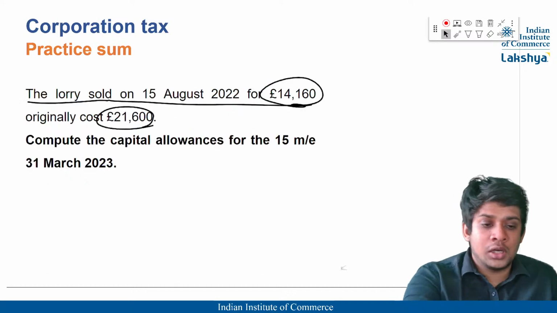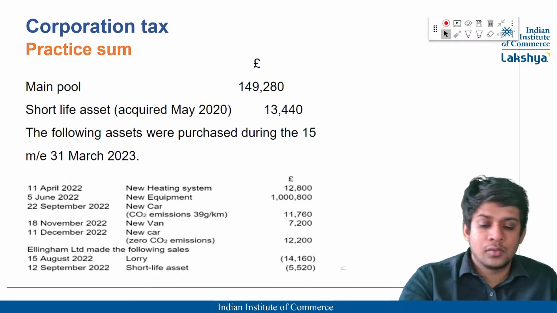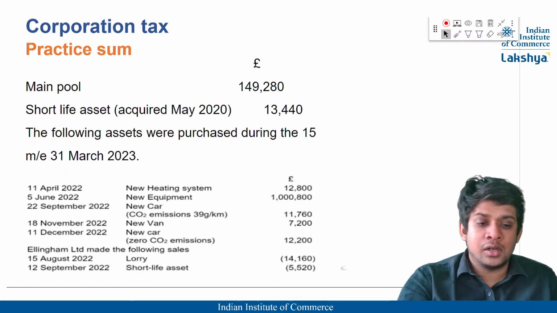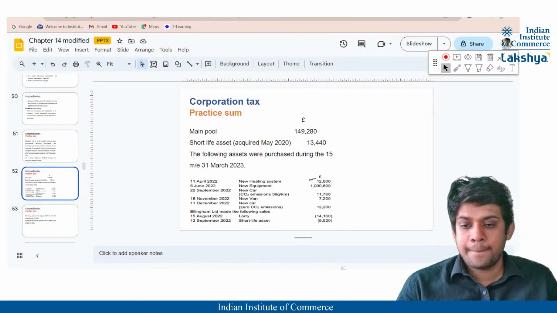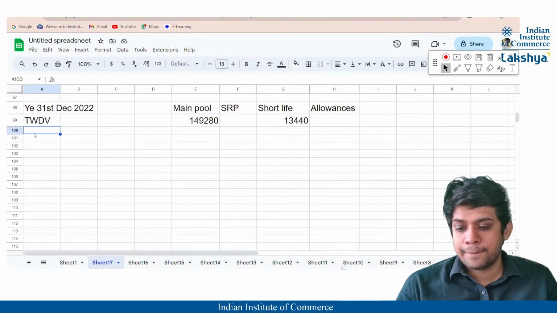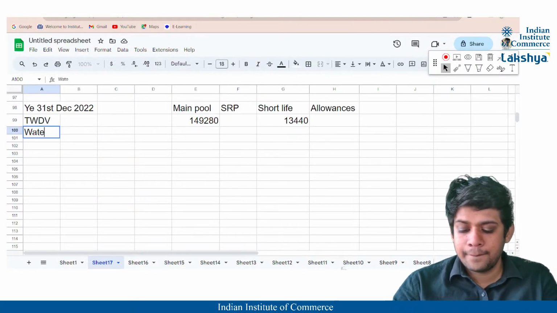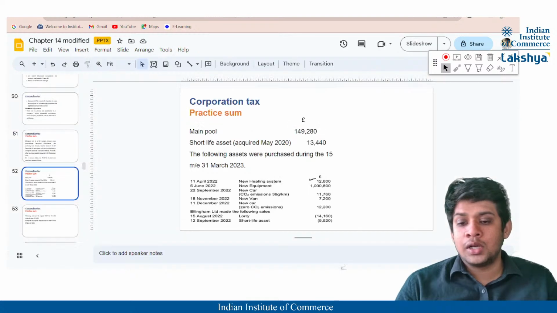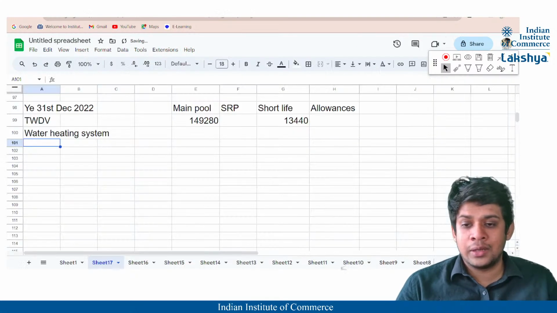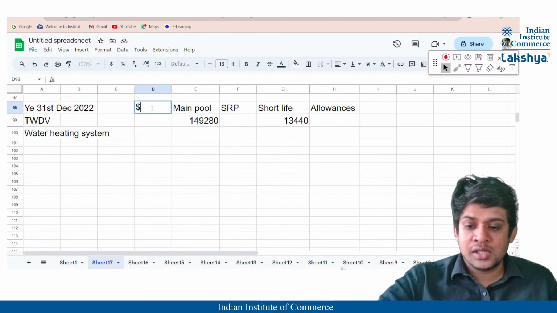I purchased a new water heating system for 12,800. So, firstly, I'll account for this. Okay. So, the new water heating system has a cost of 12,800. I'll also add £1 section.